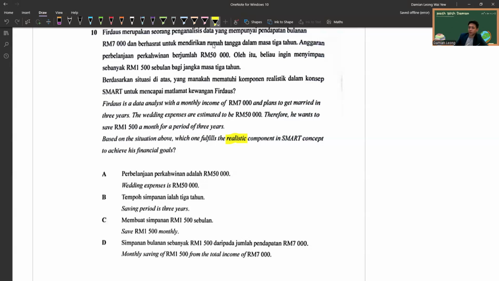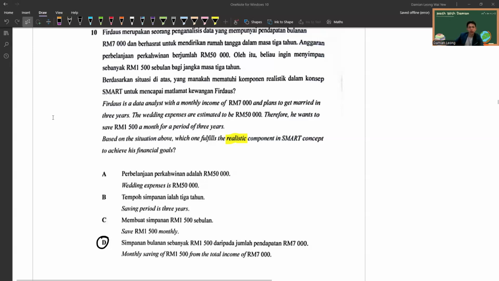Yeah, that is the component that shows it is realistic. Because saving 1,500 ringgit from a total income of 7,000 would make a lot of sense to be able to do so. Okay, 7,000 ringgit take out 1,500 is not too big of an amount.